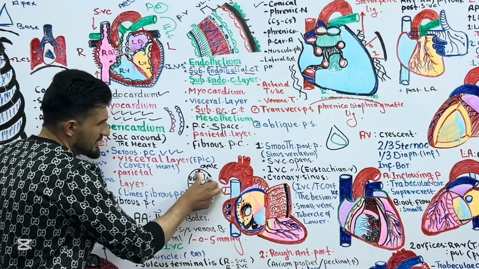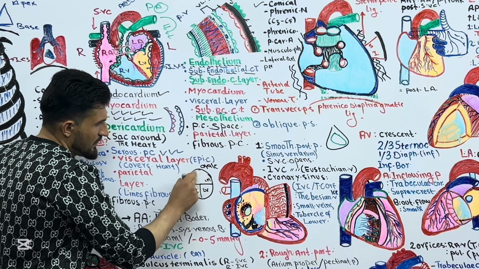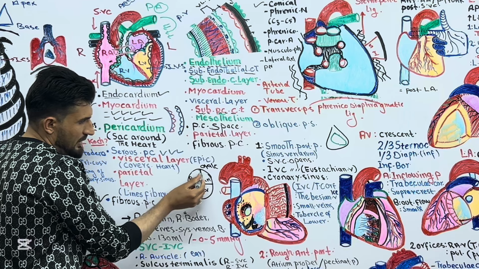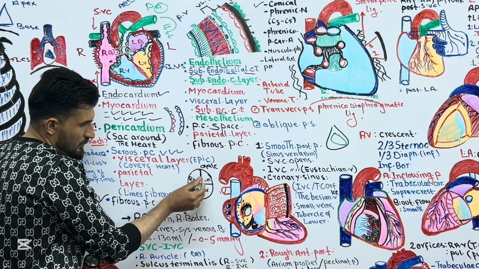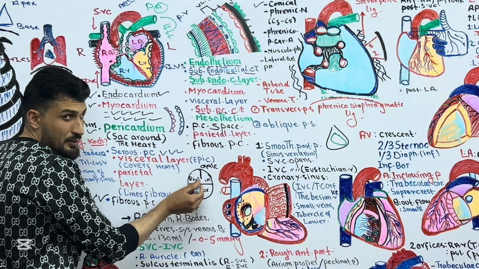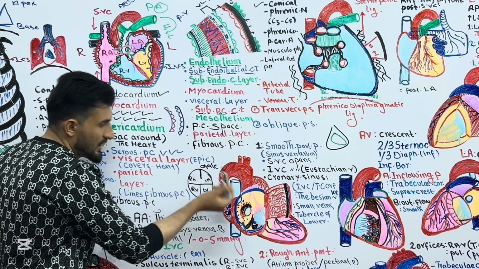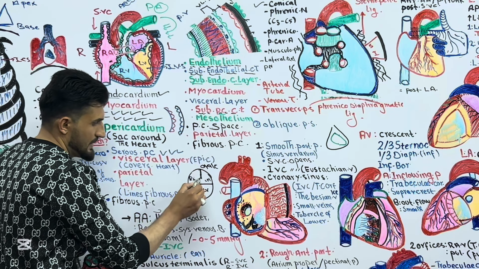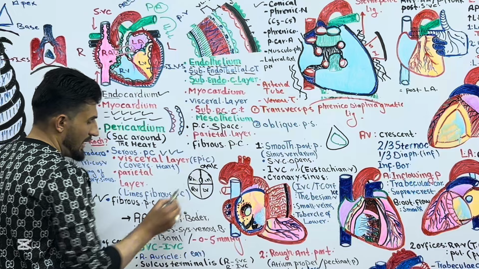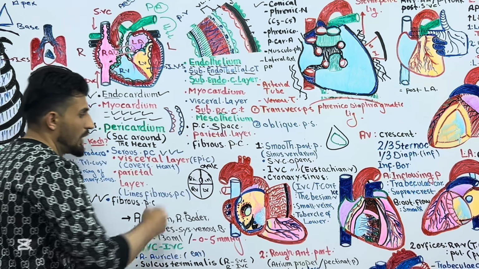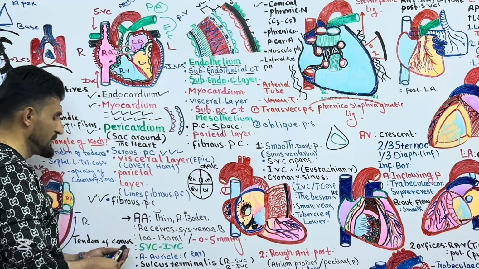Let me explain the septum secundum and primum a bit. This is the first septum, which will be made during embryonic life between the two atria. It is called the septum primum because it's the first septum. Then a foramen will be made here, called the foramen primum, the first foramen.